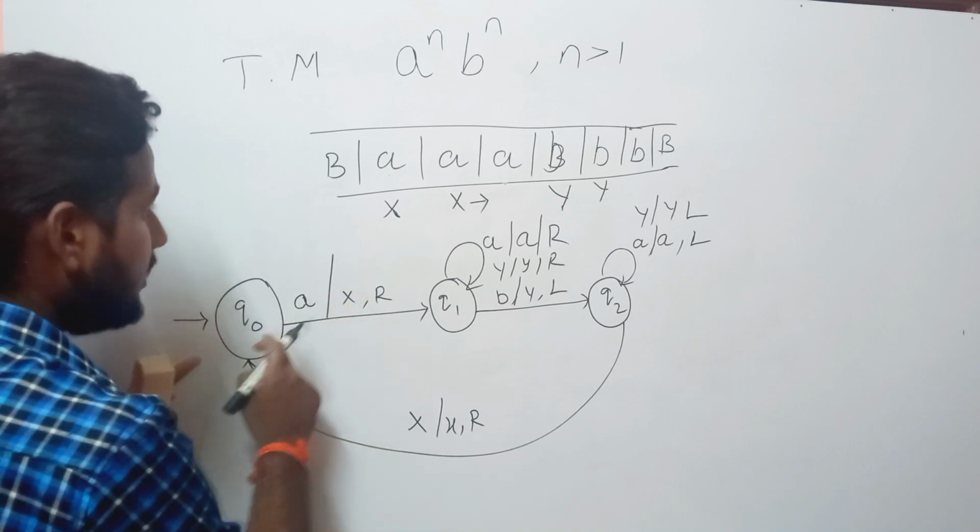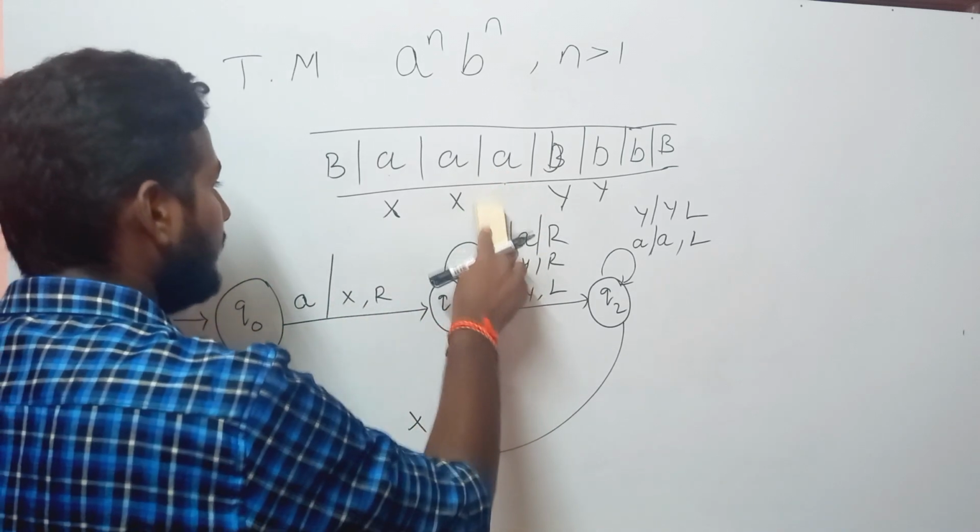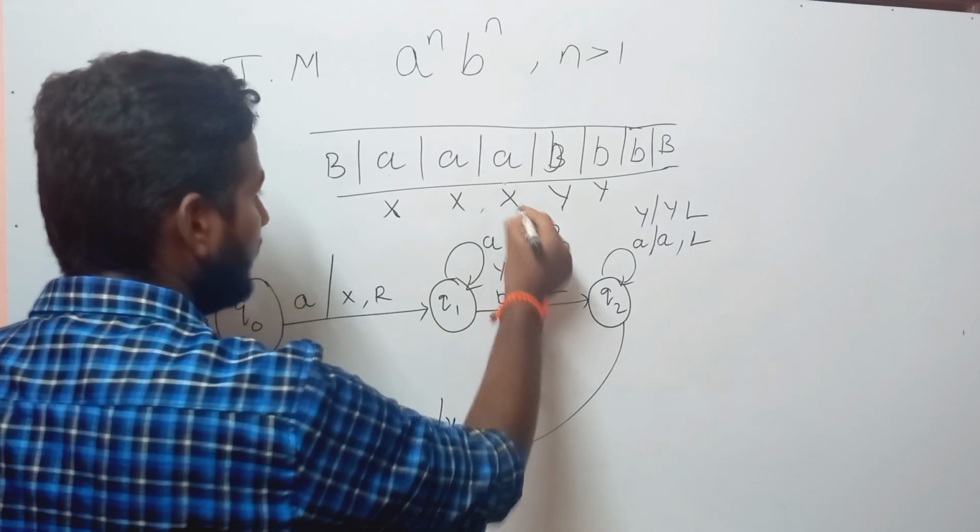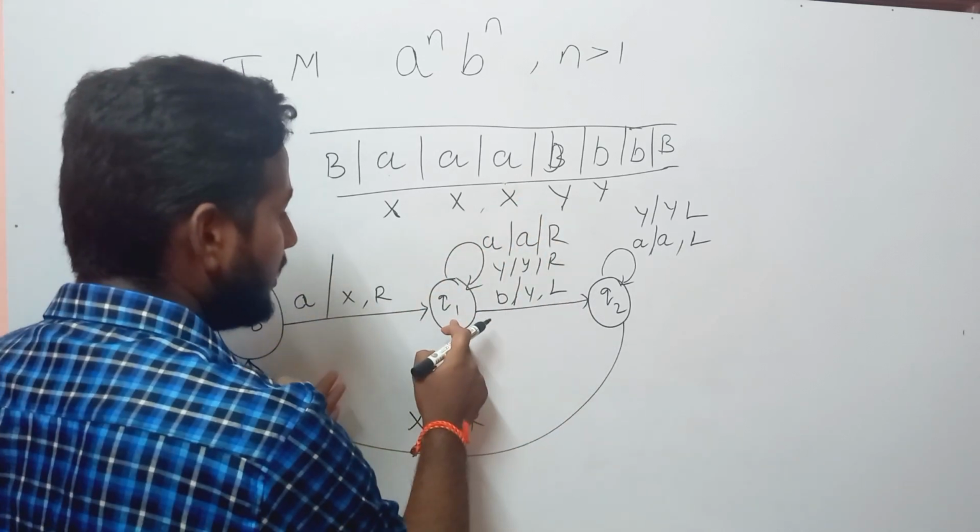When we are in the Q0 state and we reach A, we make this A as X and move to the Q1 state.